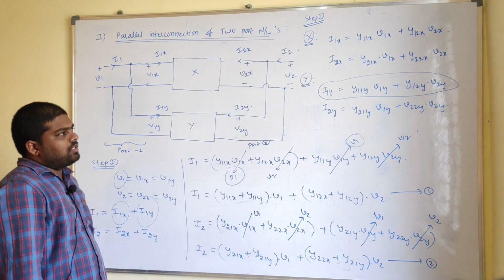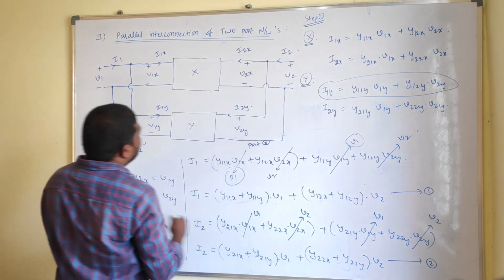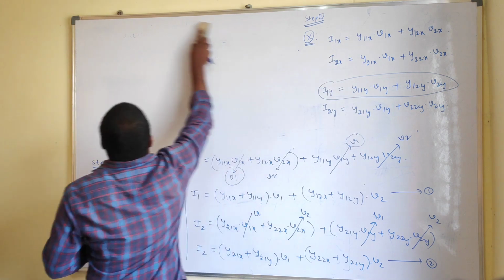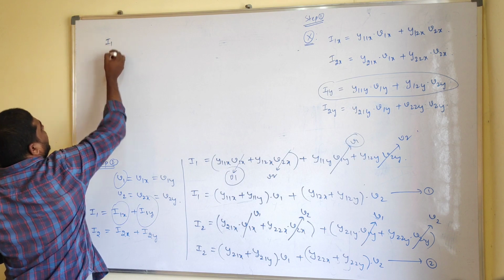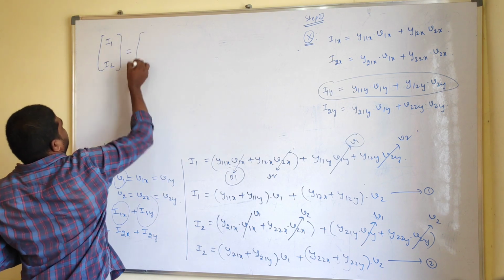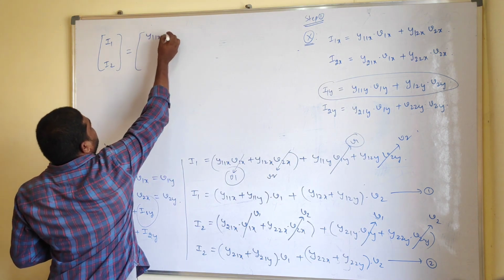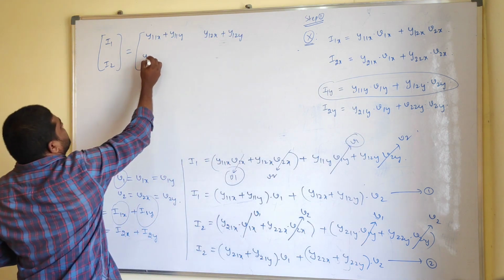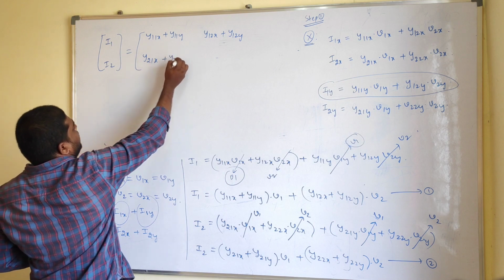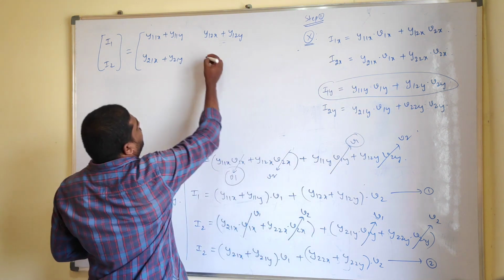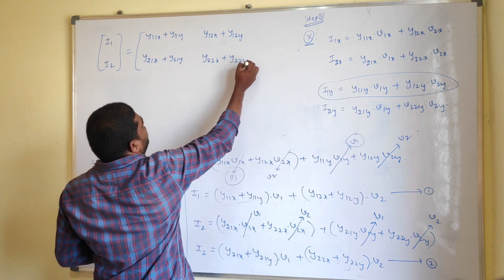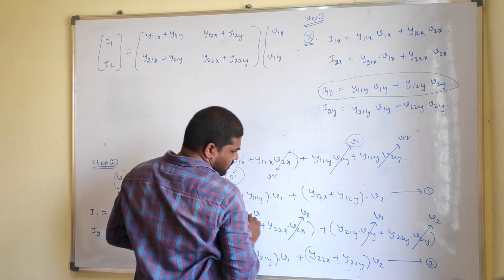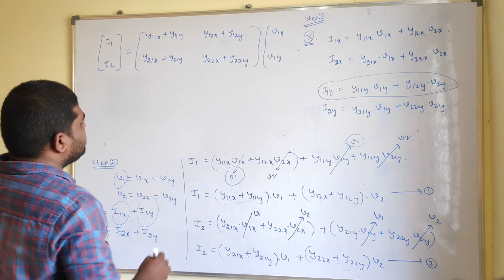From equation number 1 and 2, we can write I1, I2 equals the matrix Y11x plus Y11y, Y12x plus Y12y, and similarly Y21x plus Y21y, and the fourth one Y22x plus Y22y, into V1 and V2.